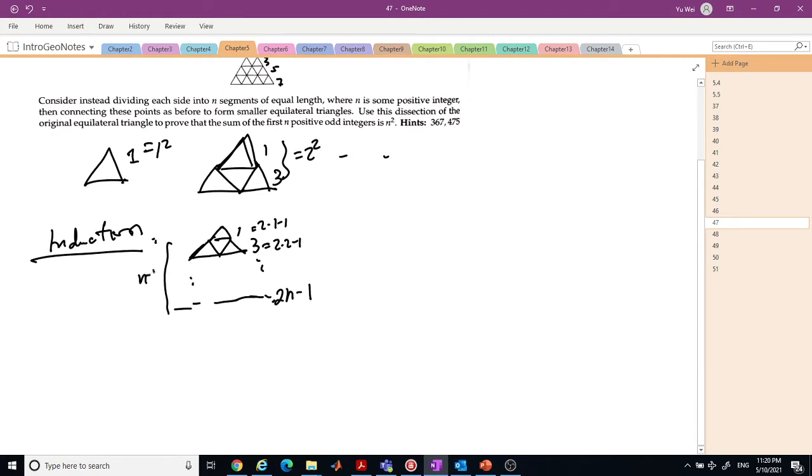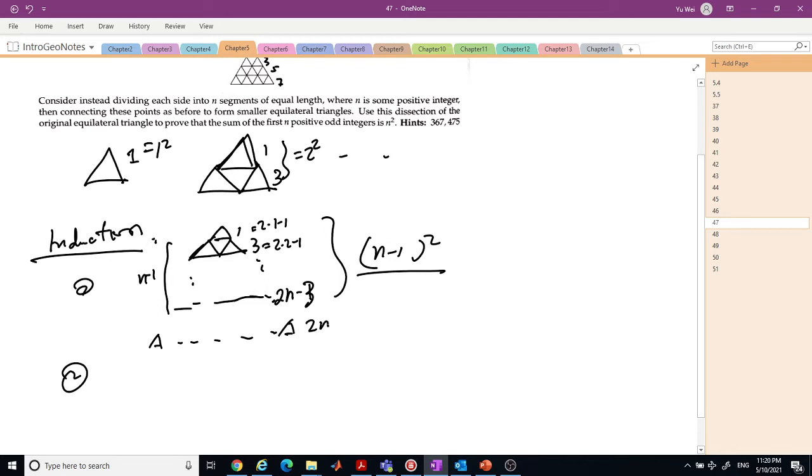Let's assume all of this adds up to n minus 1 squared. Okay, this is the first step. The second step is we want to prove that if we add another layer, which is 2n minus 1, the sum is n squared.